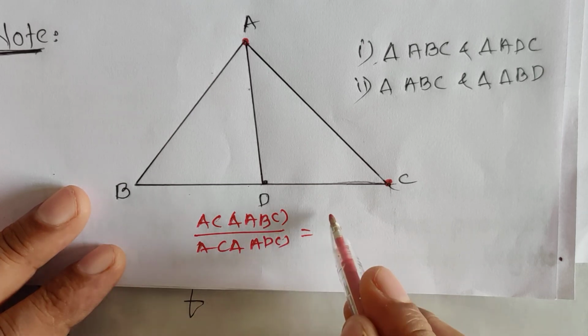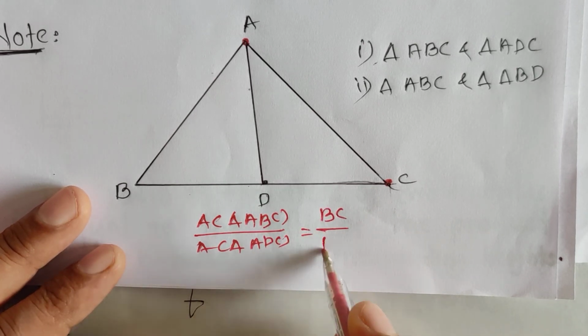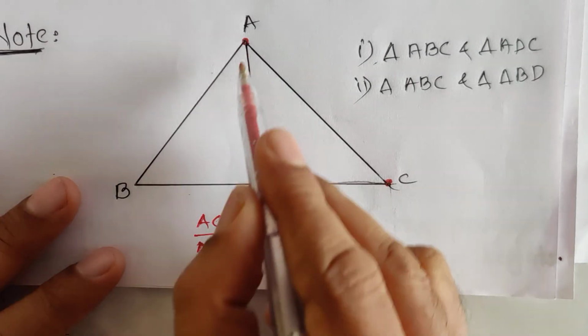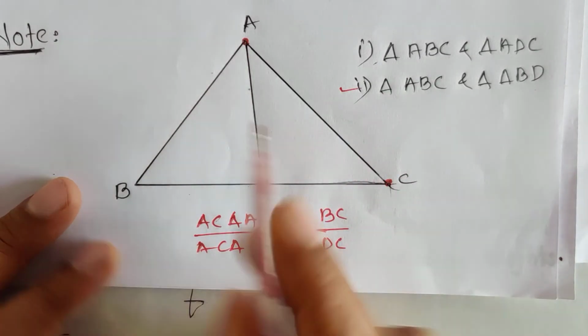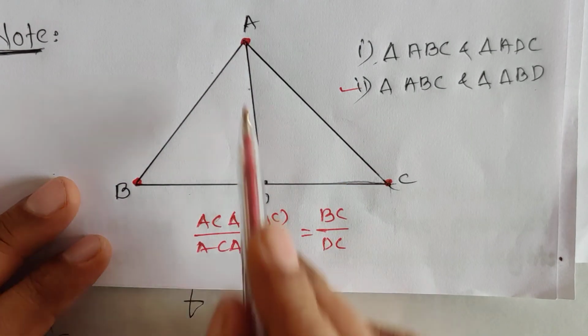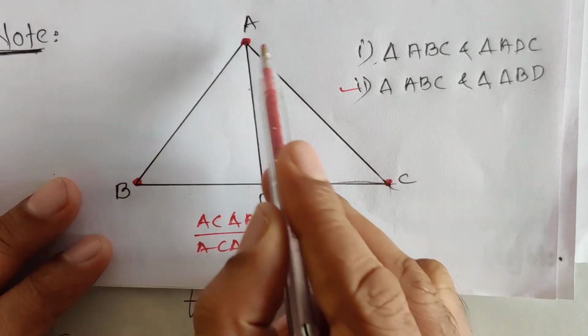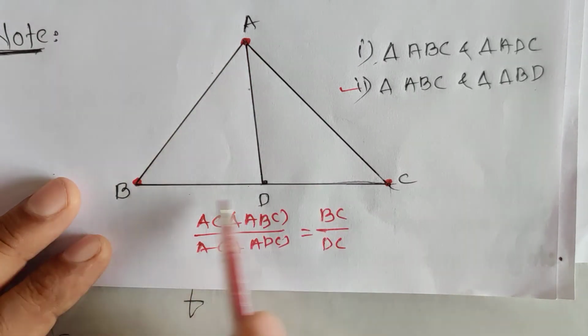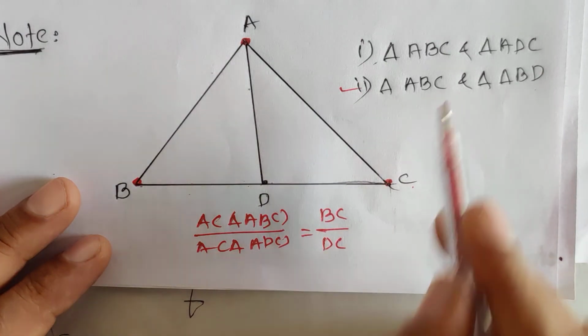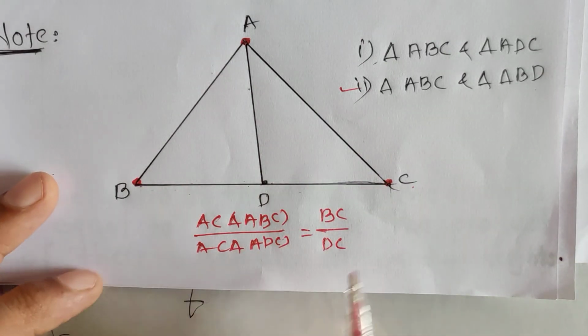So the ratio of their areas is equal to BC upon DC. In this way we can identify the second pair ABC, ABD. A and B are the two common vertices and the sides opposite to vertex A are in a straight line, BD and BC. So this ratio is equal to BD by BC.